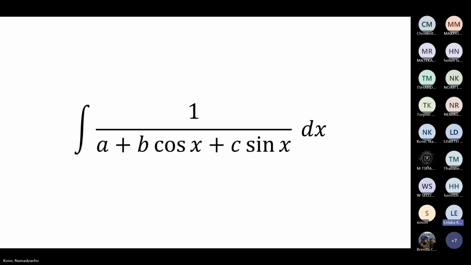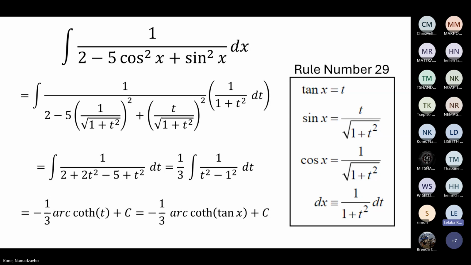Before we move on to this one, I just wanted to ask, if the coefficients of the two trigonometric functions below are equal, what will happen if you use this method? I don't have a typical example of what I'm referring to.